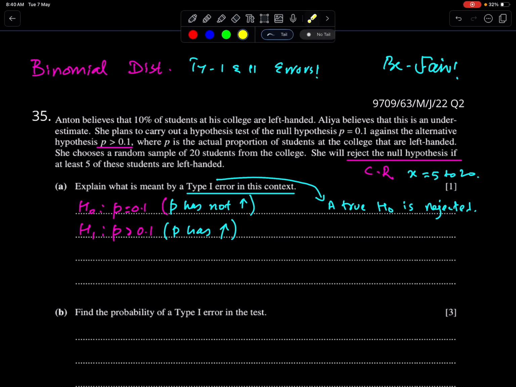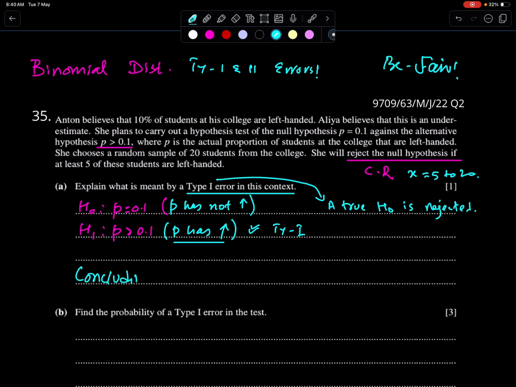So basically, you are rejecting this fact. H naught is rejected means p has not increased, and you are accepting this fact. This is a type 1 error. So you have to mention this here.